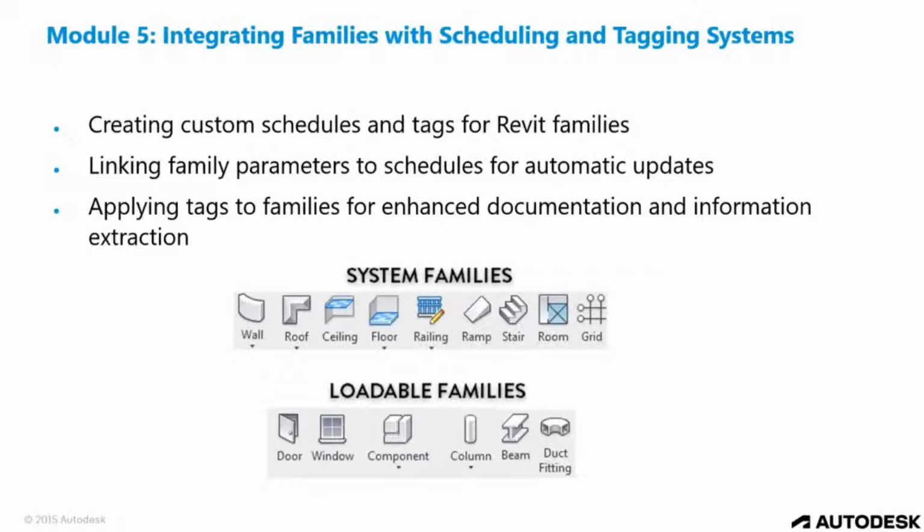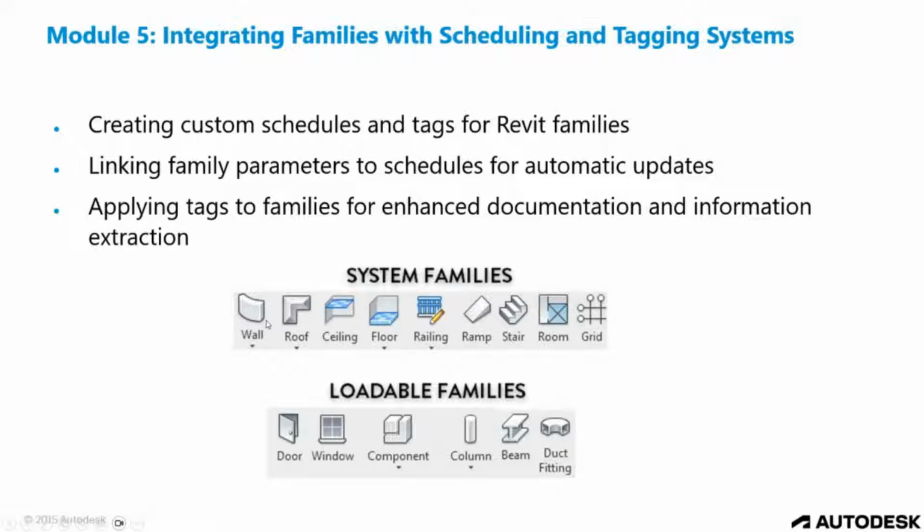we will create schedules and tags for Revit families, linking families and schedule for automatic update, applying tags to families to enhance documentation. So we have two families. There are system families, which are already there.